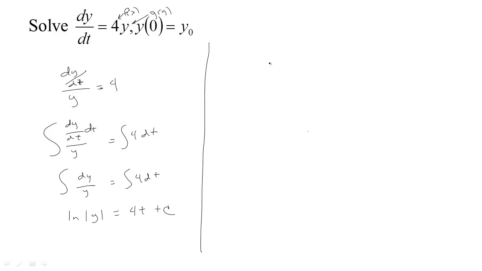Now, solving for y, I see that the absolute value of y is e to the 4t plus c. We could think about e to the 4t plus c as e to the 4t times e to the c. Now c was an arbitrary constant, so e to the c would be an arbitrary positive constant.